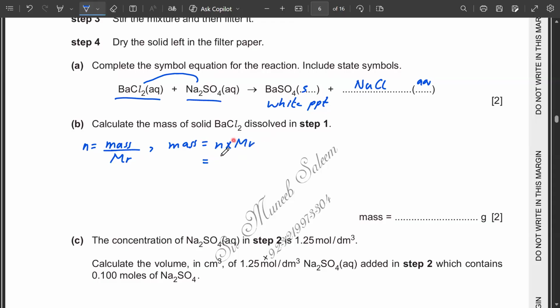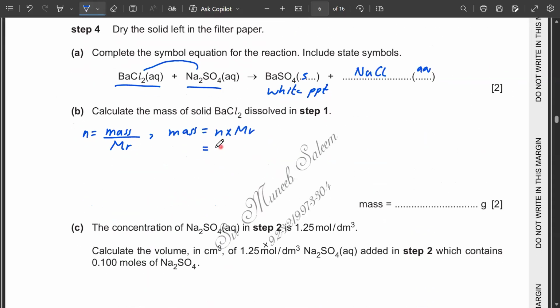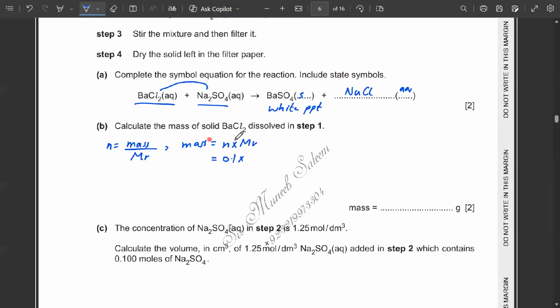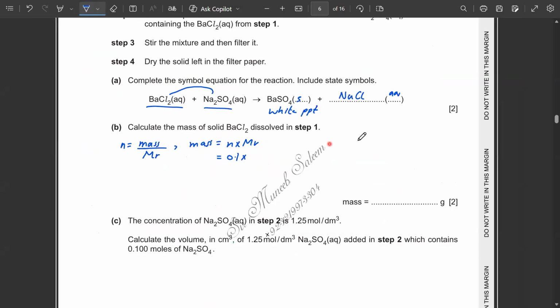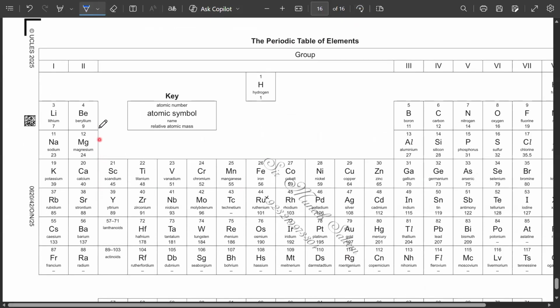The moles is about 0.1 mole, and about the mass of the barium chloride, for this purpose, you need a periodic table. So in the periodic table, the mass of barium is 137.